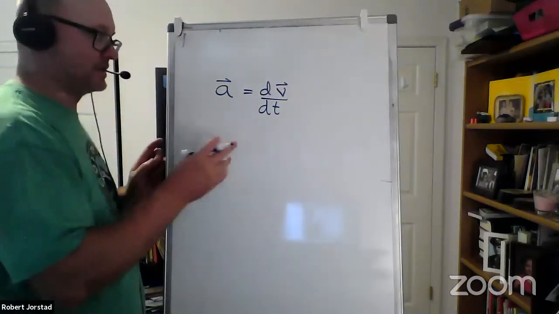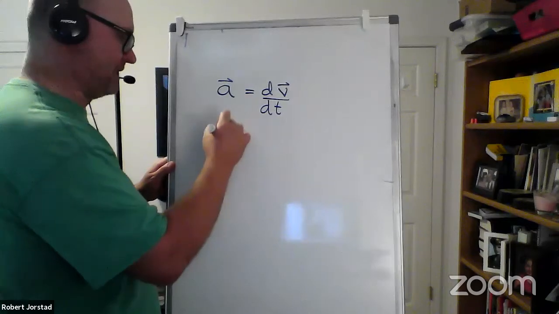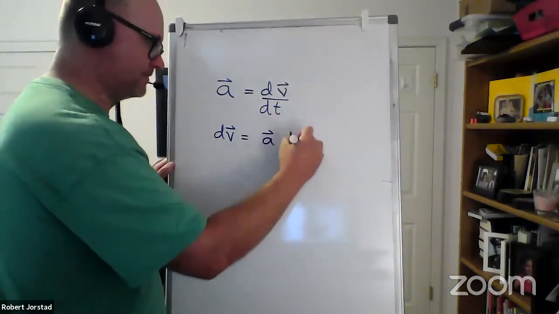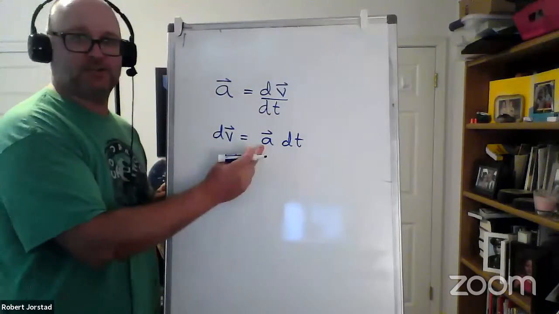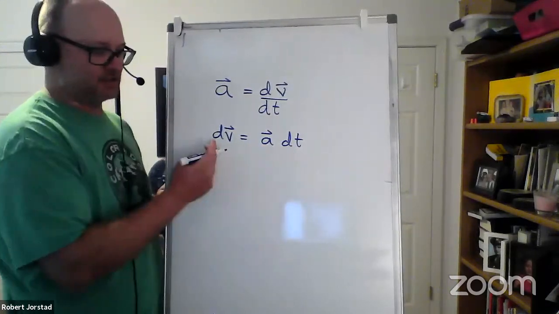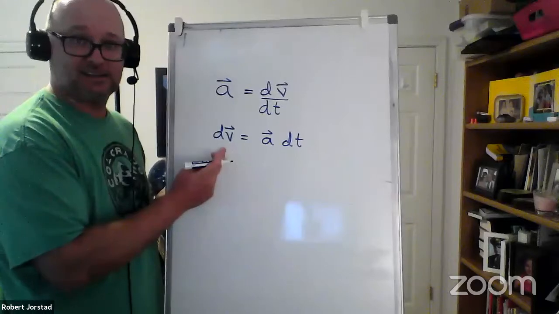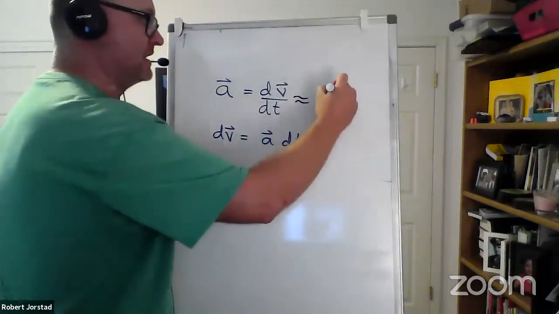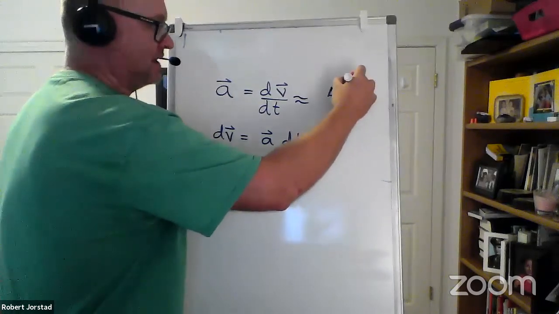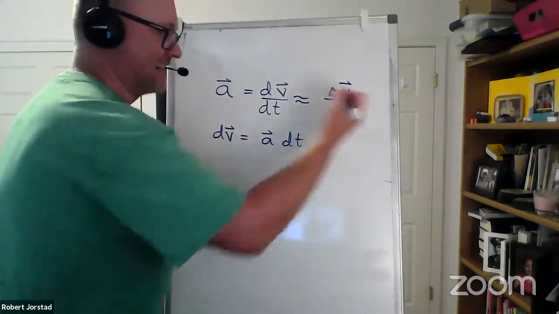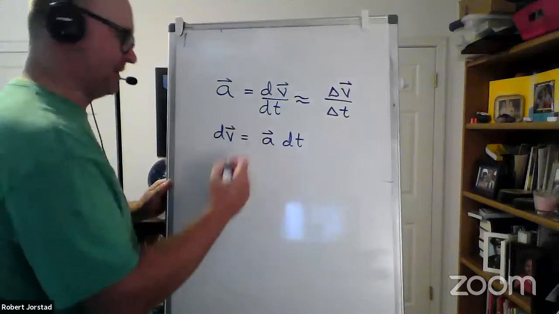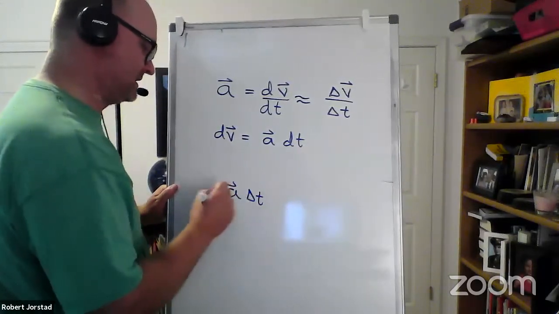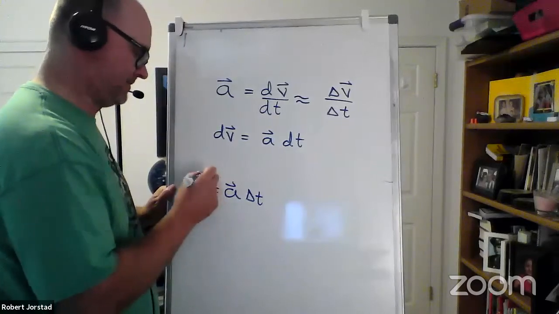So the short version, if I just cross multiply and rearrange these things, it turns out that acceleration times a small amount of time gives a change in velocity. Or if you want to view this approximately, this is approximately change in velocity over change in time. And so the idea here is acceleration times a change in time is equal to delta V.